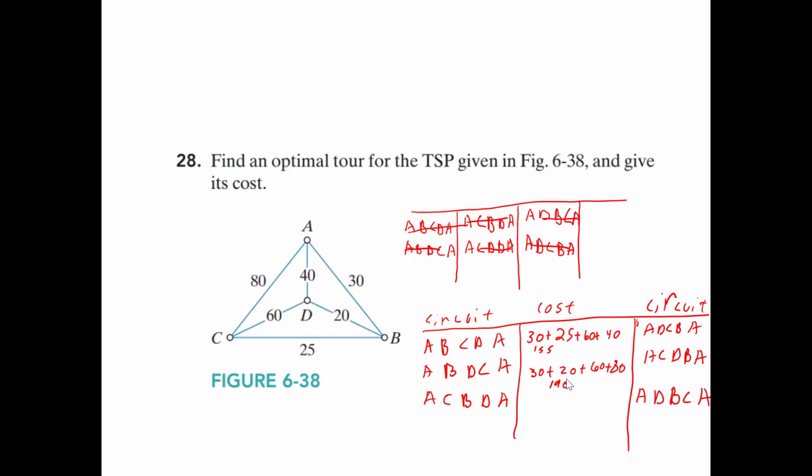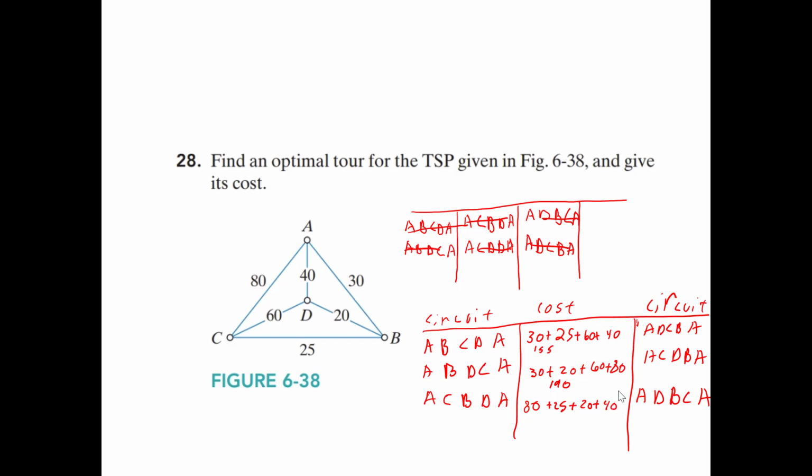And then finally, A to C, 80. C to B, 25. And then B to D, 20. And then D to A, 40.